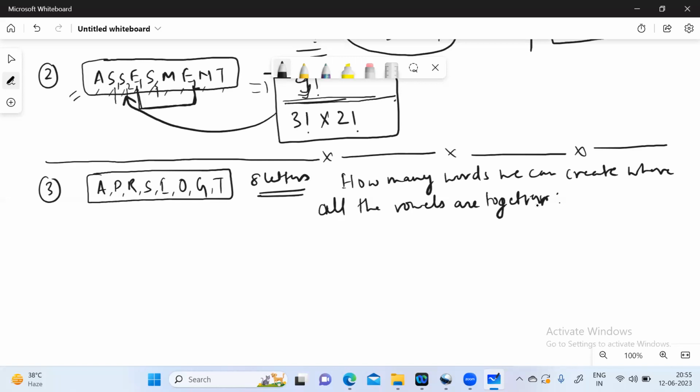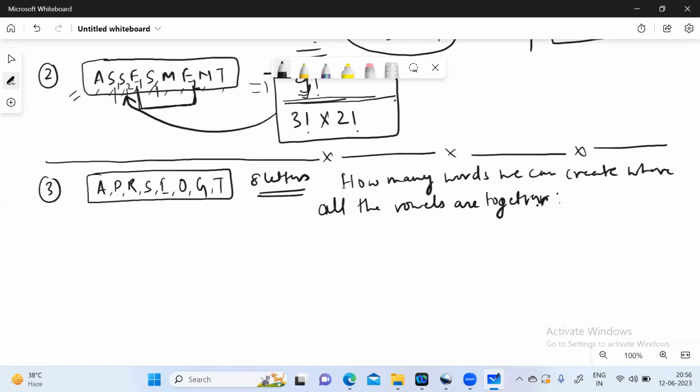So here we have 8 letters. Out of these, how many are vowels? Can anyone count? 3. So 3 vowels are there, and the condition applied here is all the vowels should be together.